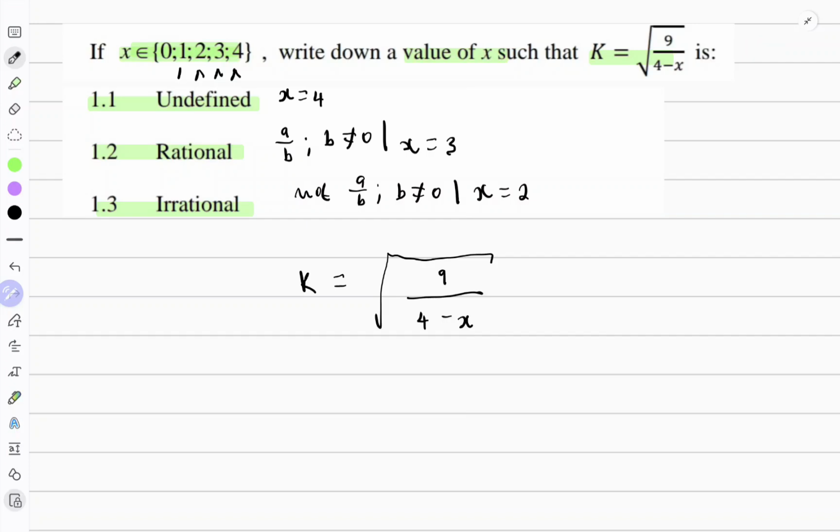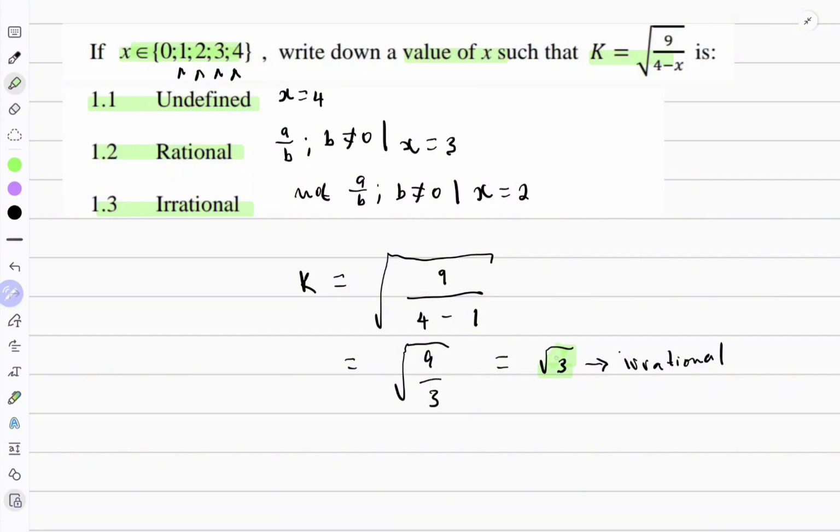Let's see what happens when x is 1. So when x is 1, we get the square root of 9 over 3. This gives us the square root of 3, and thereby making k irrational, because here we have a radical.